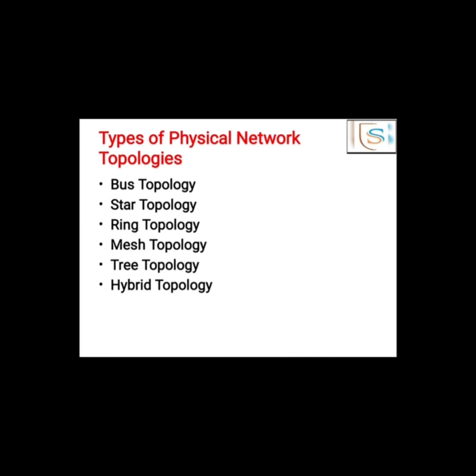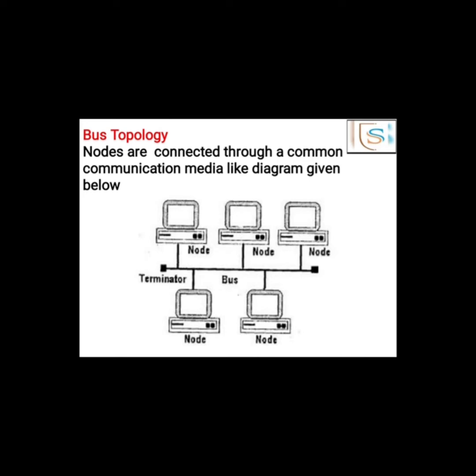Now, as I previously said, your computers can be arranged in many kinds of geometrical arrangements. Out of that, the first arrangement is bus topology. What is a bus topology? Just see the diagram here.